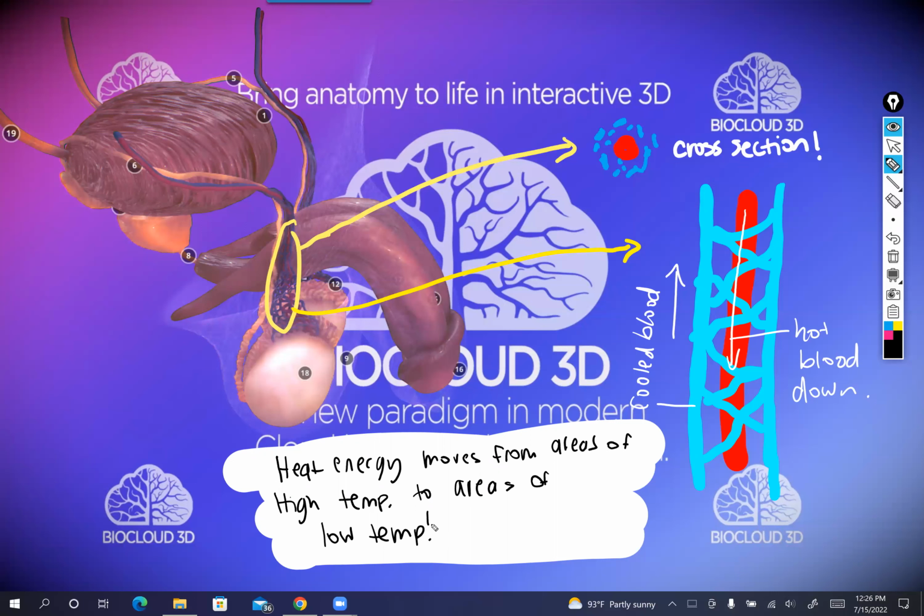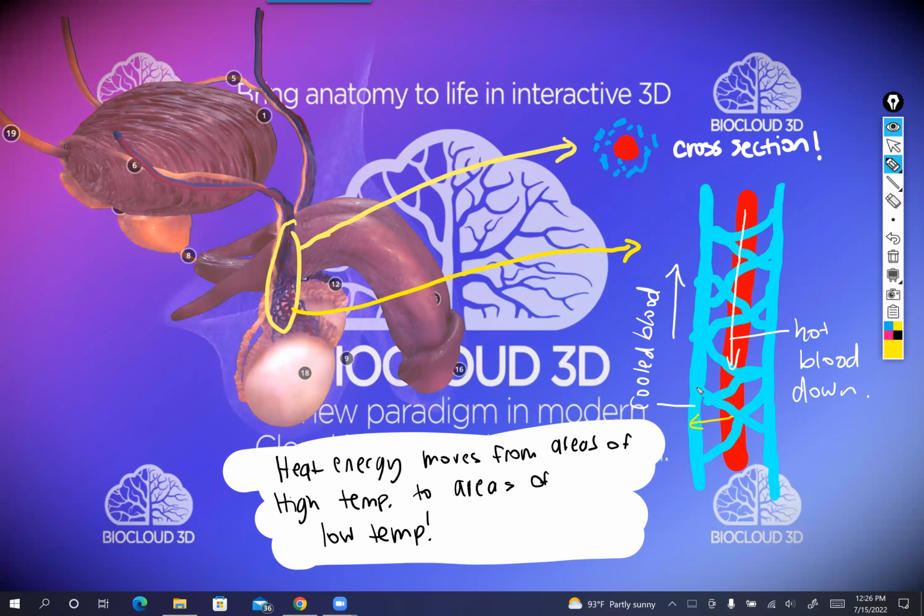So if you put tubes next to each other and one of them is carrying heat and the other one is not carrying as much heat, the heat, which I'll make be yellow, I guess, is going to move from the warm arterial blood into the cooled venous blood. Now, I'm not saying that the blood is moving.